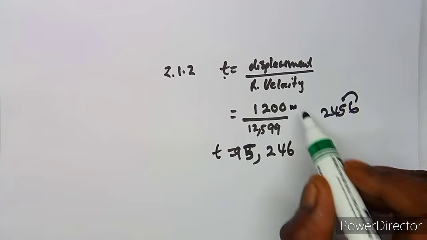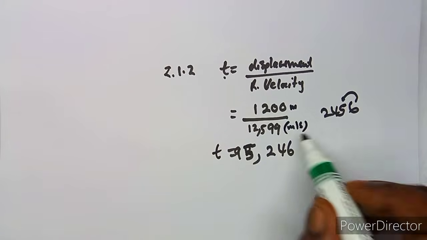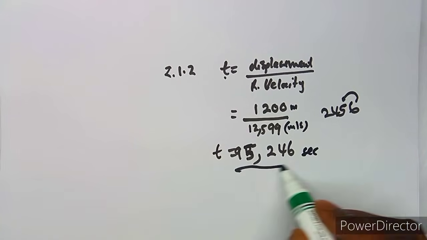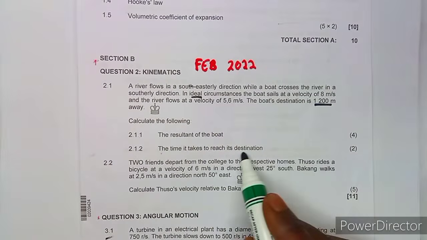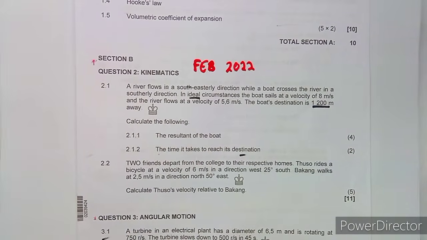This was in meters, this was in meters per second, so definitely our time is going to be in seconds. We are not told to give our time in minutes or in hours, so we're just going to leave our answer in seconds as it is. Okay, that is how they can ask these questions, guys.